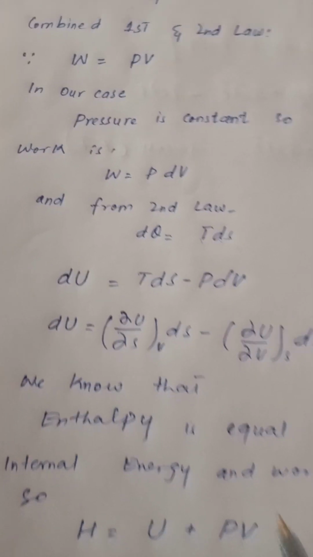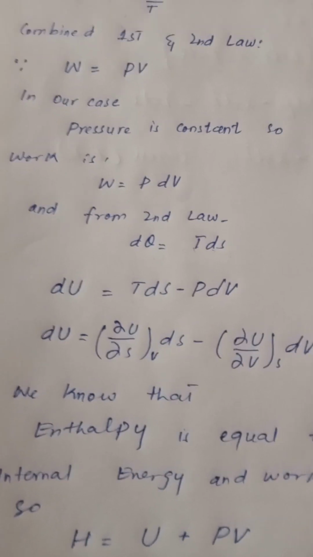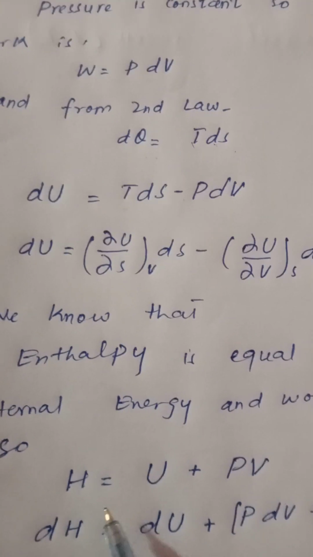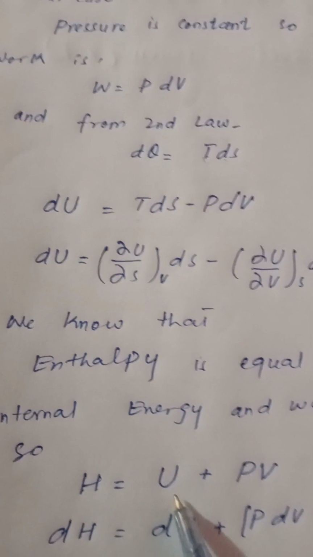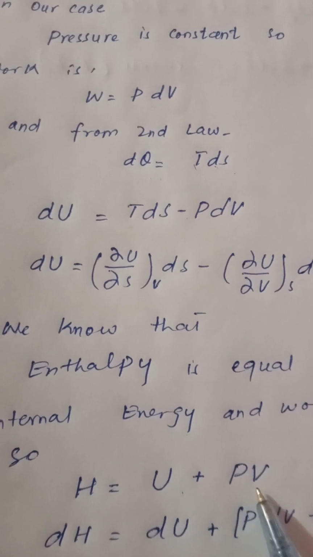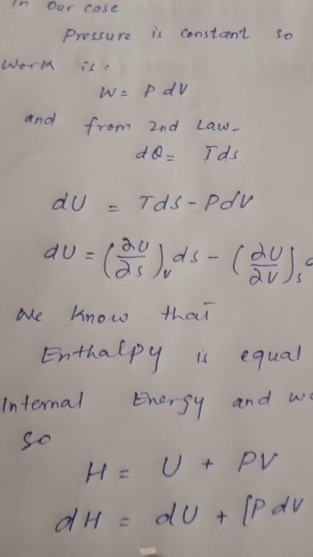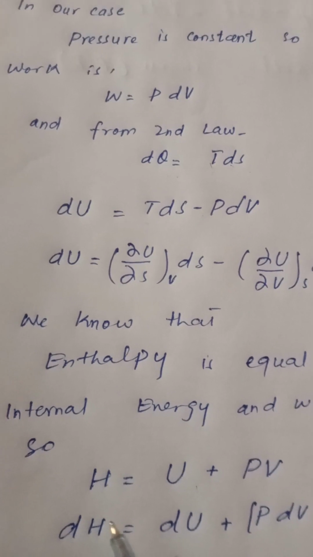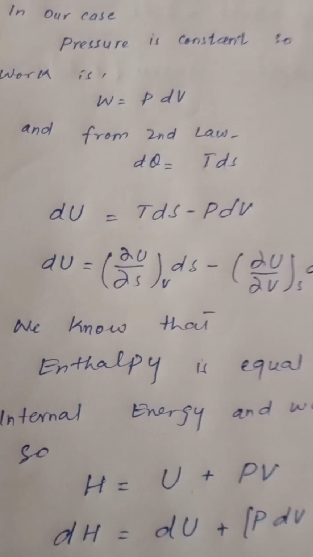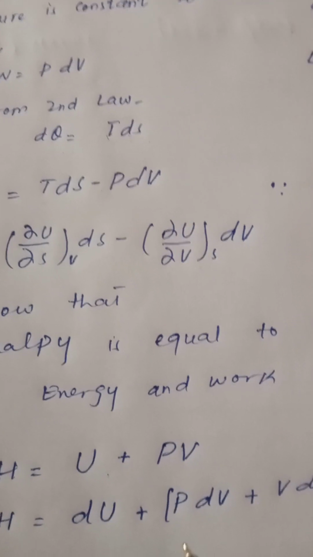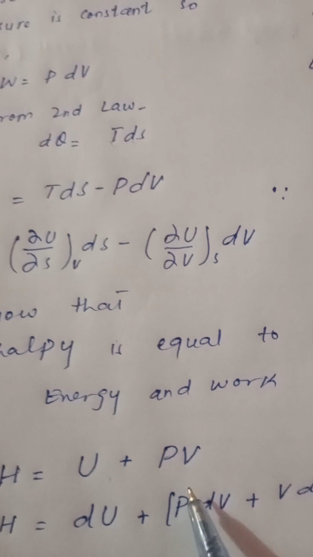Then we know that enthalpy is equal to the sum of the internal energy of the system and the work done. Here I write it: enthalpy of the system is equal to the internal energy plus the work done, and we know that work done is equal to the product of pressure and volume. If we apply change, dH shows the change in enthalpy, and dU the change in internal energy, plus the change in PV. How do we write it?